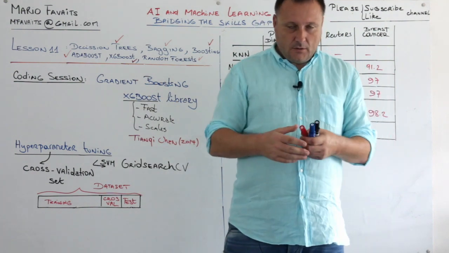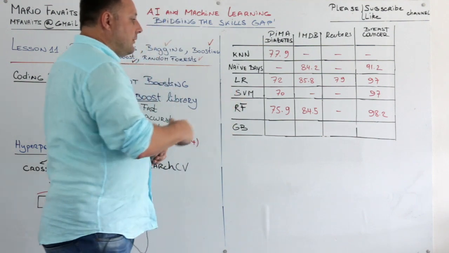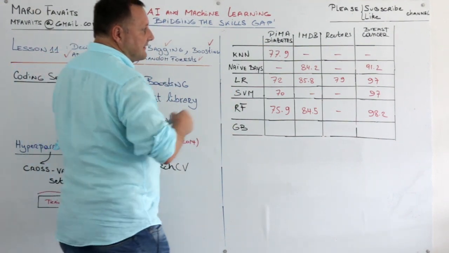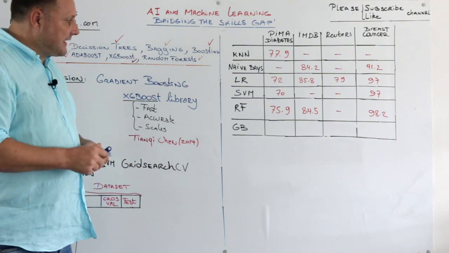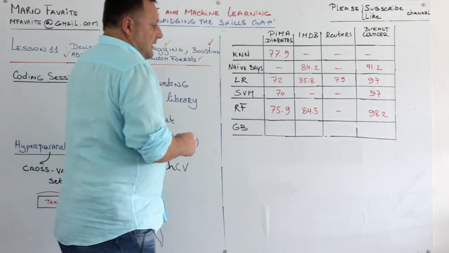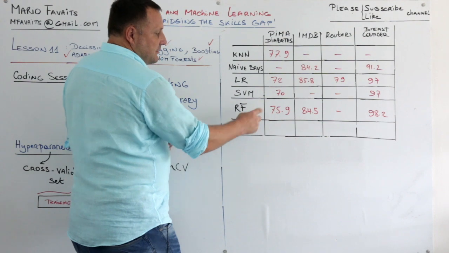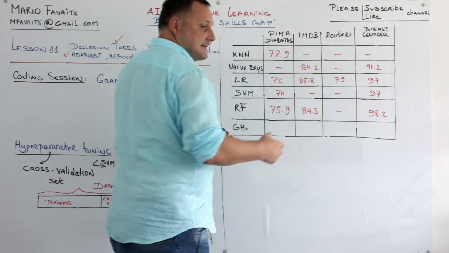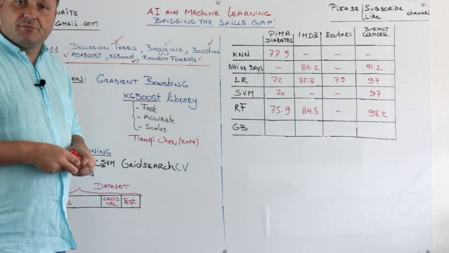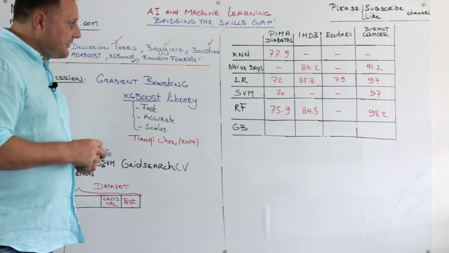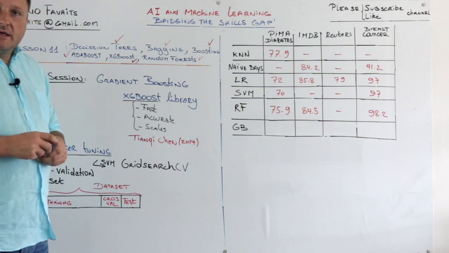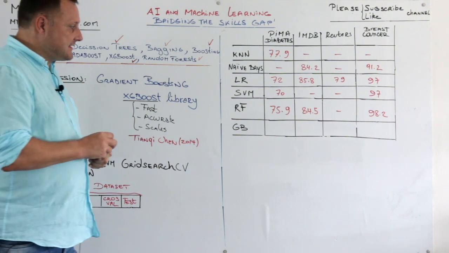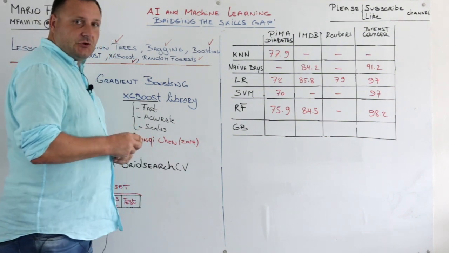Now, if we look at our scoring board, here you have the data sets, and here you have the classifiers that we have been looking at. For gradient boosting, we will just use the same data sets and see if we see any improvement. One thing we will take a look at before we launch ourselves into this coding session is hyperparameter tuning.